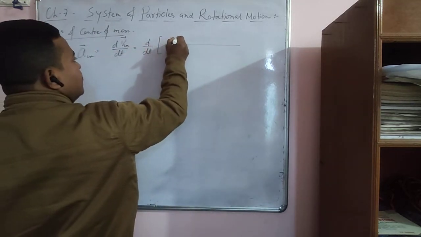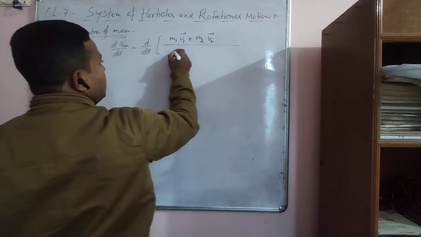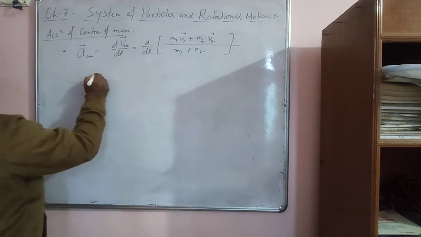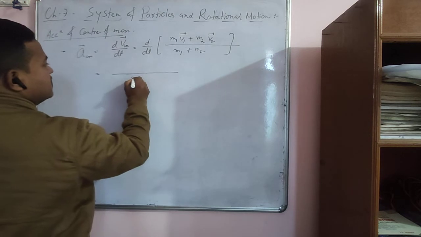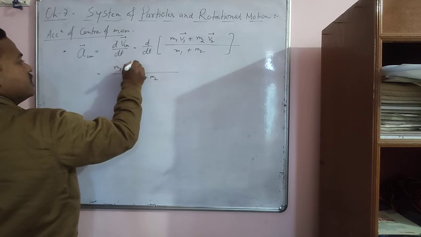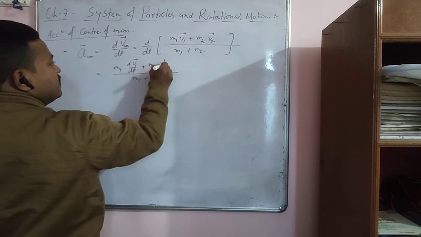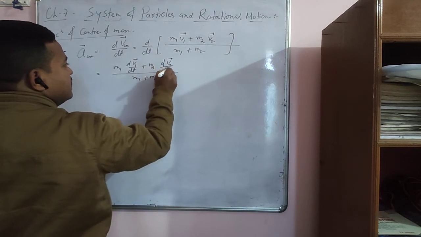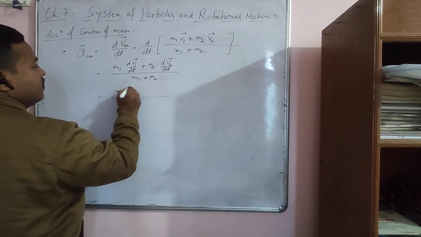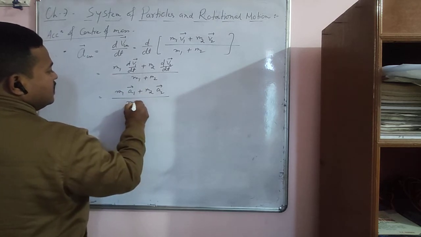We know it is M1 V1 plus M2 V2 by M1 plus M2. With similar derivation, here you can write M1 dv1 by dt plus M2 dv2 by dt, divided by M1 plus M2. So you can write M1 a1 plus M2 a2 by M1 plus M2.